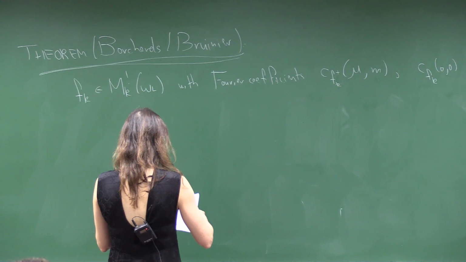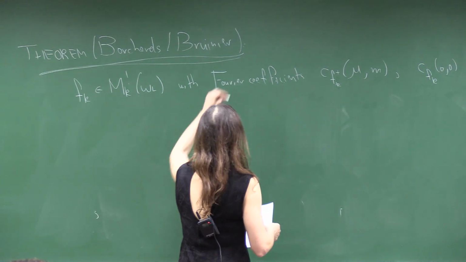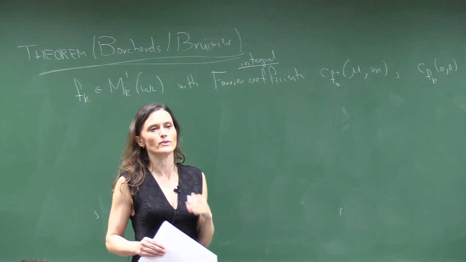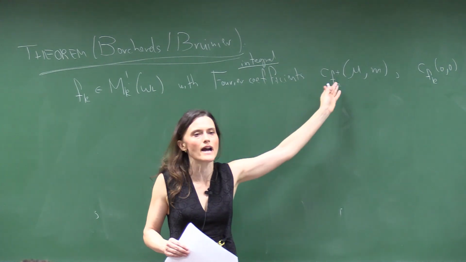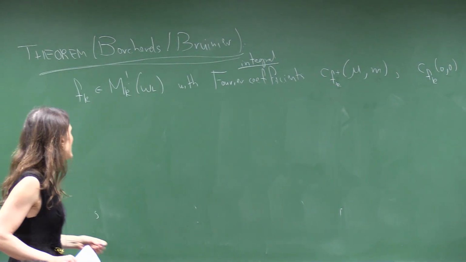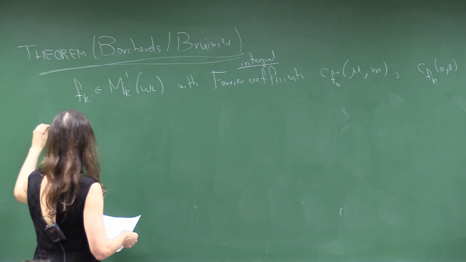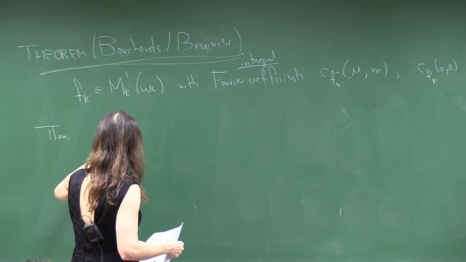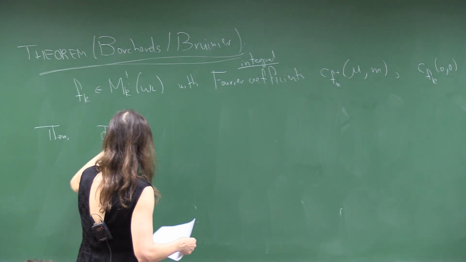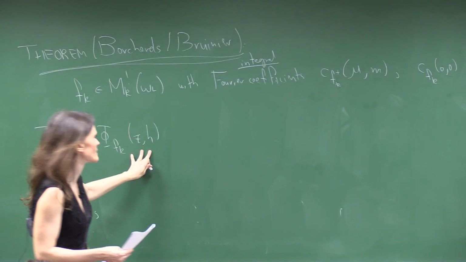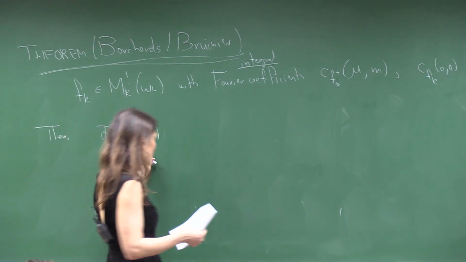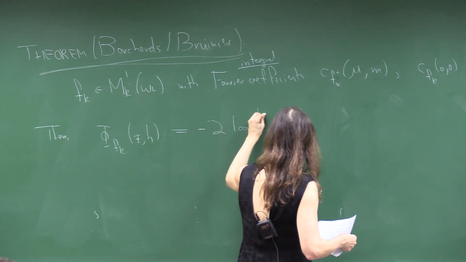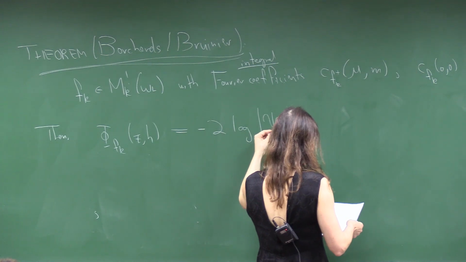If you have this situation, and you assume that these Fourier coefficients, for any mu, for any m, are rational integers, then actually what Borcherds showed is that this regularized theta lift, if you evaluate at any complex point on the Shimura variety, will be equal to minus 2 times the logarithm of some meromorphic function whose divisor you can actually compute.